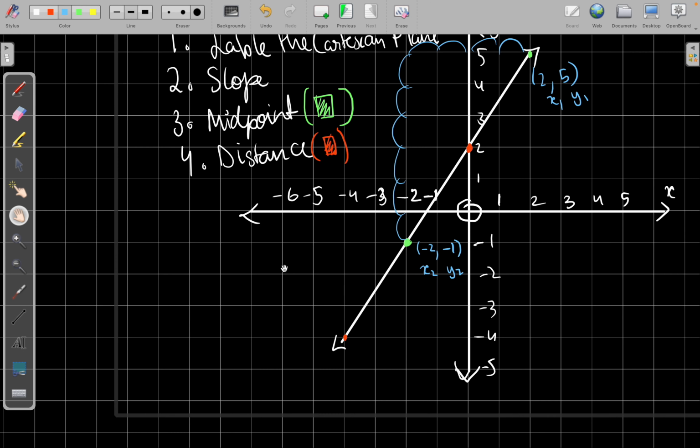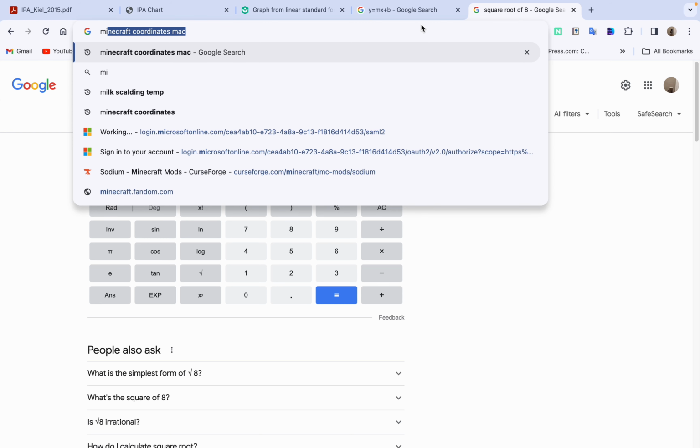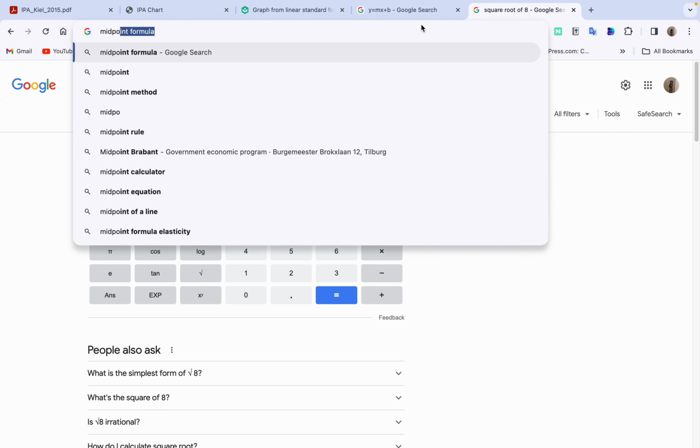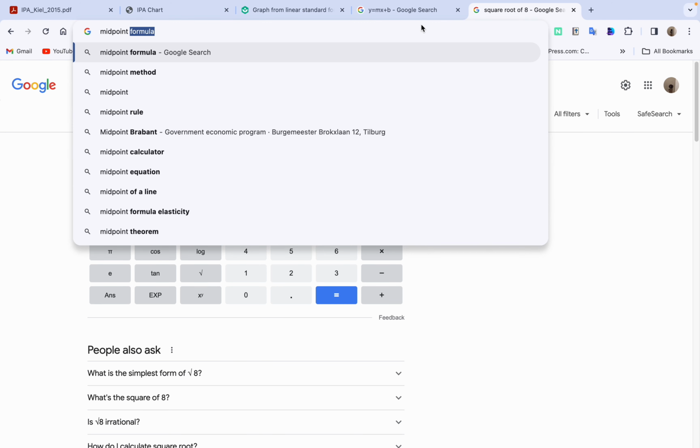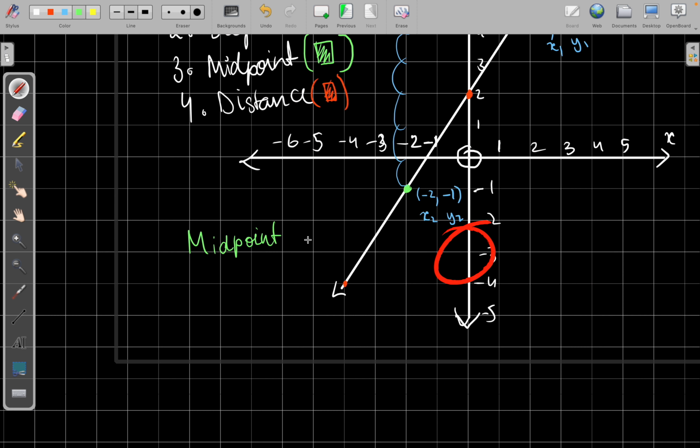Now let's find the midpoint. So this is how you write the formula down.